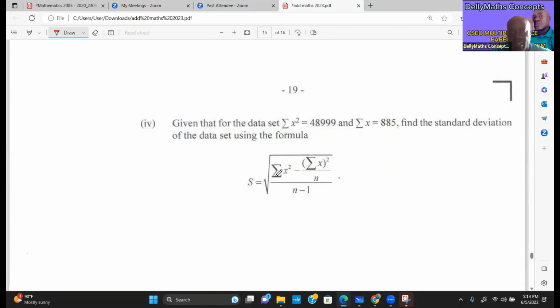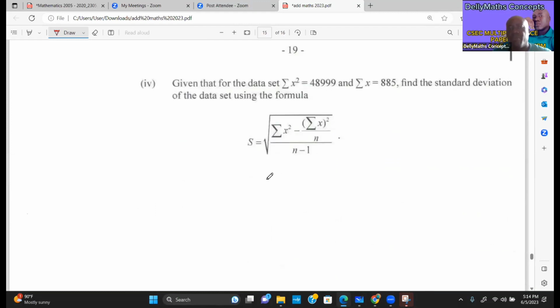All right, looking at this other question, it says, given that for the data set, the sum of x squared was 48,999. The sum of x was 885. Find the standard deviation of the data set. So they give us the formula to find the standard deviation. So basically, we're going to substitute.